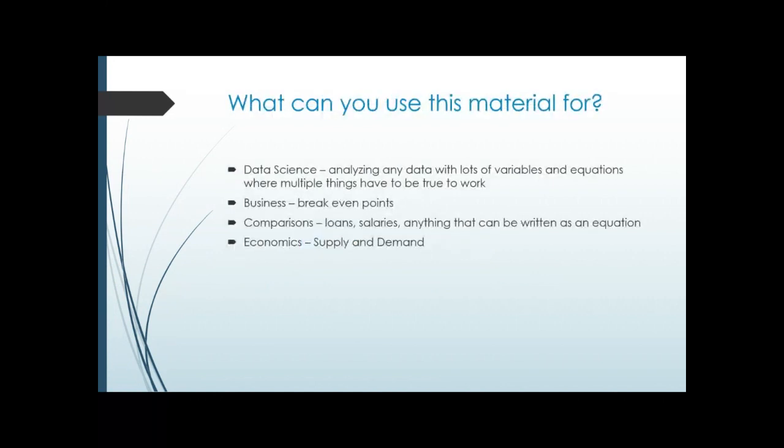So systems of equations, which are just lots of equations taken together, are used a lot in anything that's data science. So anything that involves a lot of data, which is a lot of things these days, we have data all up the wazoo. So if you're analyzing a lot of data with lots of variables, lots of equations, you're trying to find where all of this is true. So let's say you're Facebook and you want to target an ad for single women who love cats and Uggs.